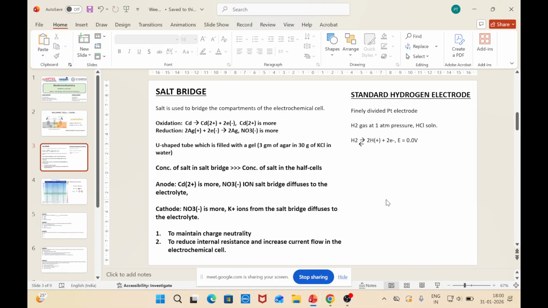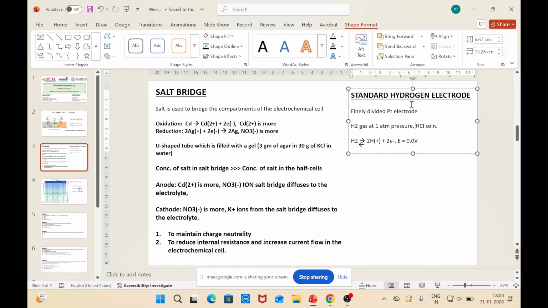The platinum electrode is dipped in a 1 molar HCl solution, and then you pass the hydrogen gas at one atmospheric pressure, and the reduction reaction takes place, leading to H plus ions being adsorbed onto the platinum surface as solid hydrogen. So why is the platinum electrode used?